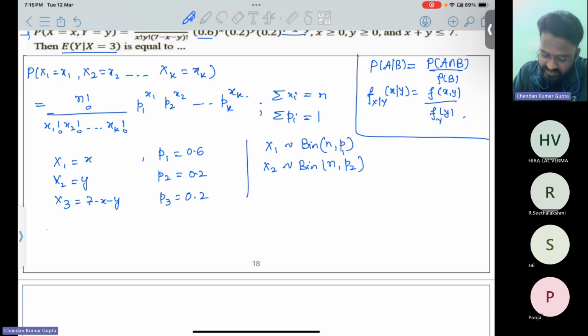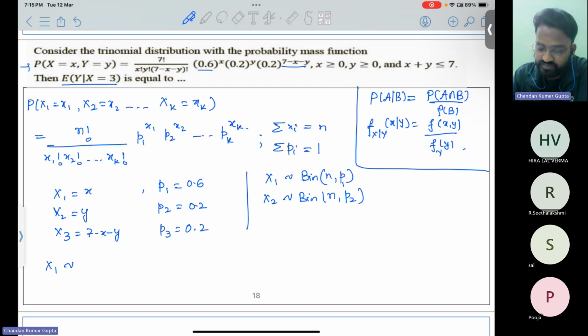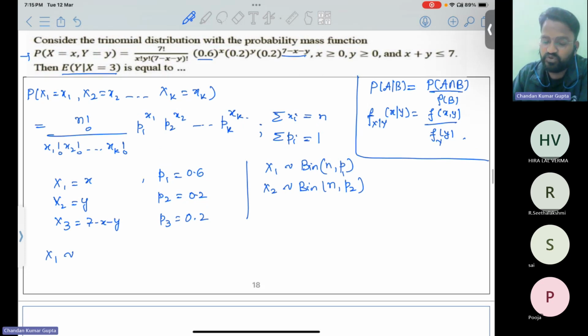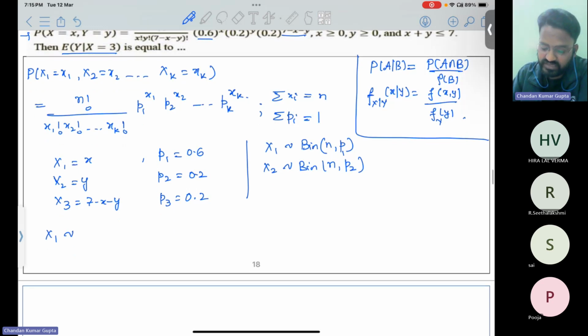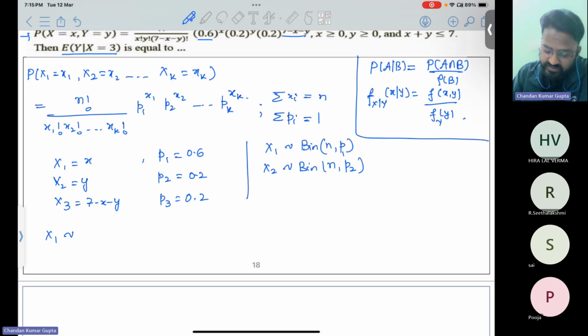We need to calculate the marginal of x, because we want y given x. So x1, that is x, follows binomial with n equal to 7 and p1 equal to 0.6.